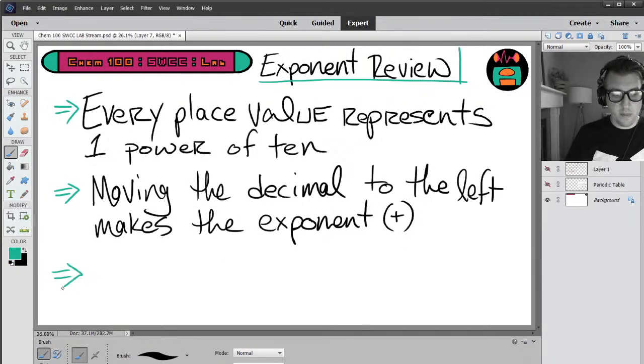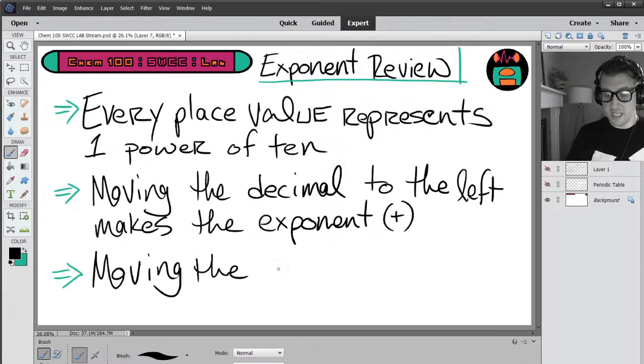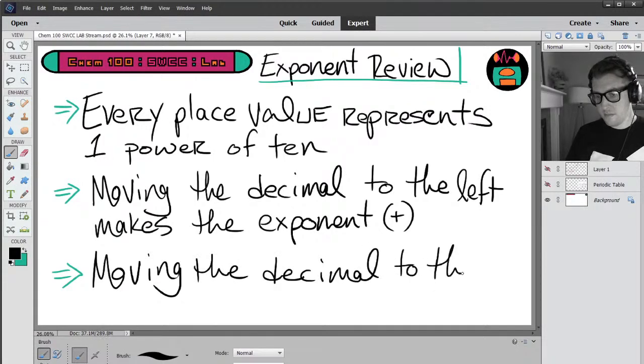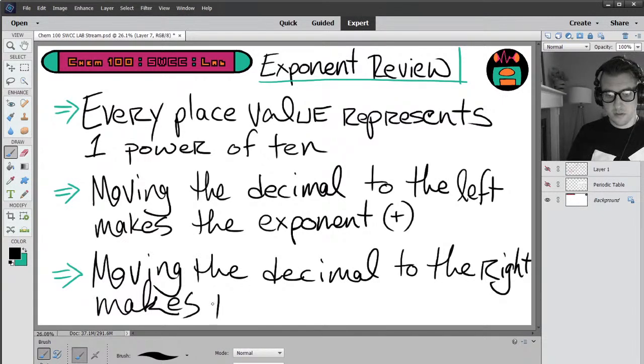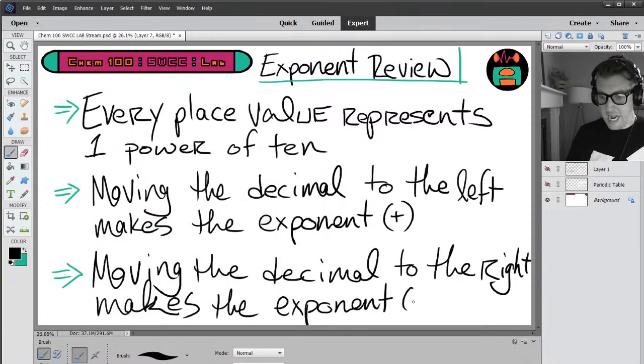And moving the decimal in the opposite direction, to the right, makes the exponent, excuse me, negative.